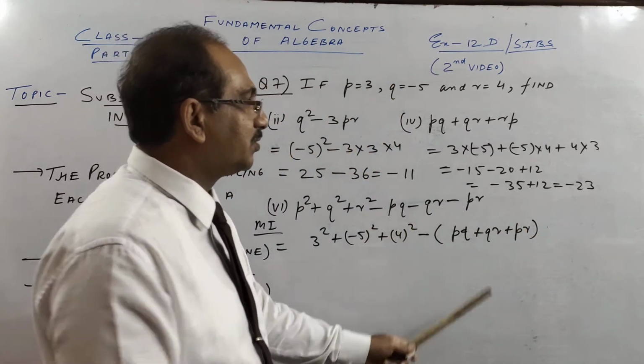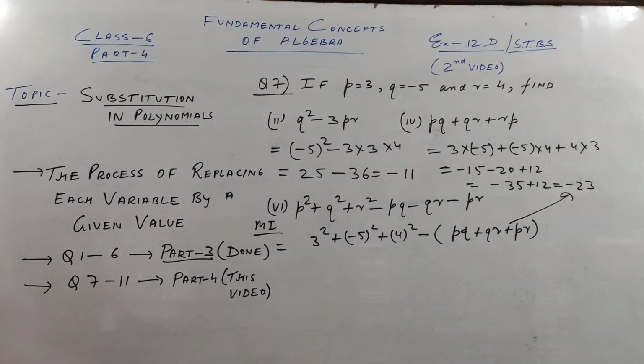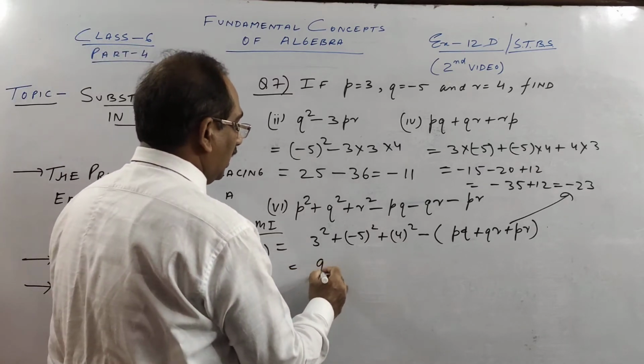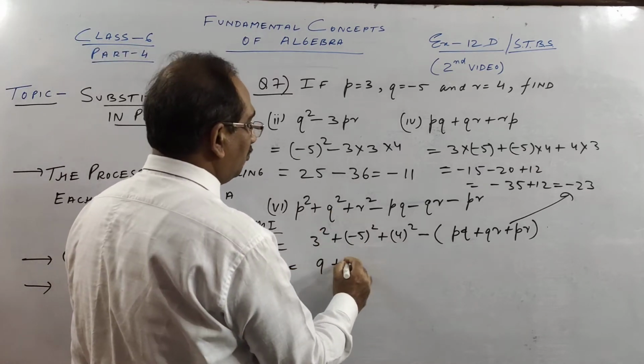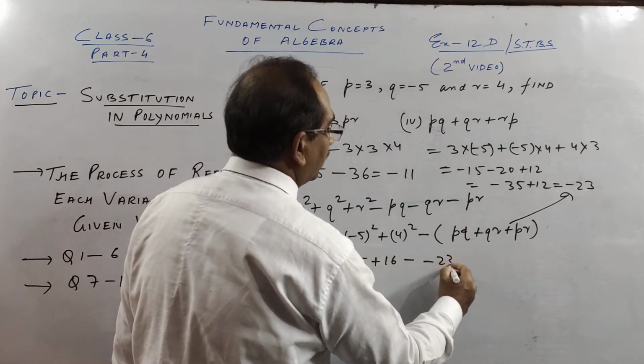This value I have already got as -23, so we simply substitute. 3 square is 9 plus 25 plus 16 minus -23.